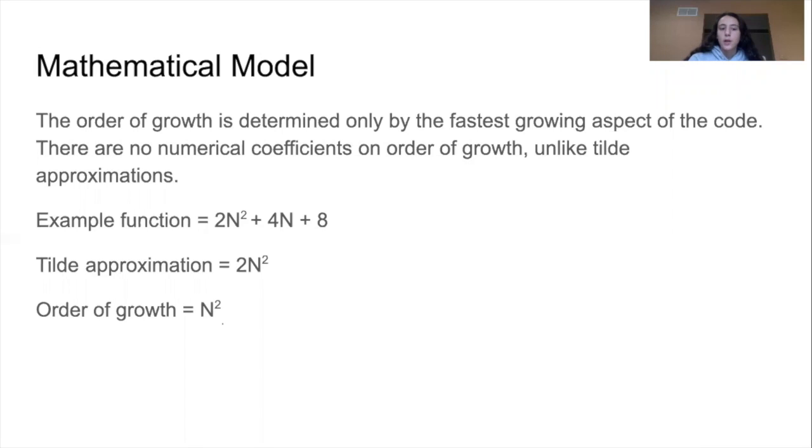The tilde approximation just shows the fastest growing aspect of the code with the numerical coefficient in front of it. So it would be 2n squared, because n squared grows the fastest out of those three terms in the example function. And then the order of growth just shows the fastest growing aspect with no numerical coefficients in front of it. So in this case, it would just be n squared.